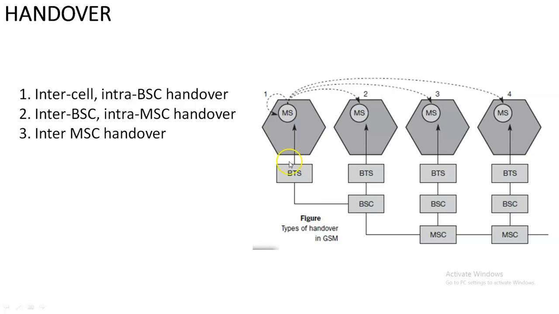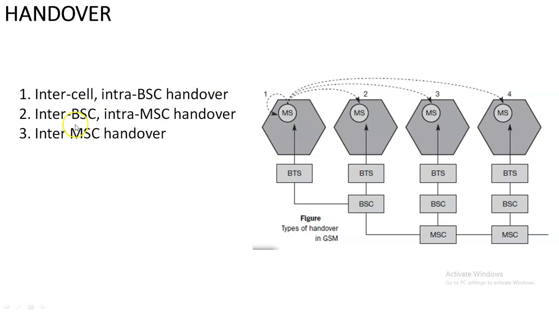If the signal strength becomes weak, this BTS knows that you are roaming. So this BTS will inform the BSC to provide a nearby BTS for your mobile phone. The BSC will allocate the nearby BTS to provide the signal. Once the nearby BTS has been found by the BSC, your old BTS will hand over the network to the new BTS. This is the workflow, or the process of handover.